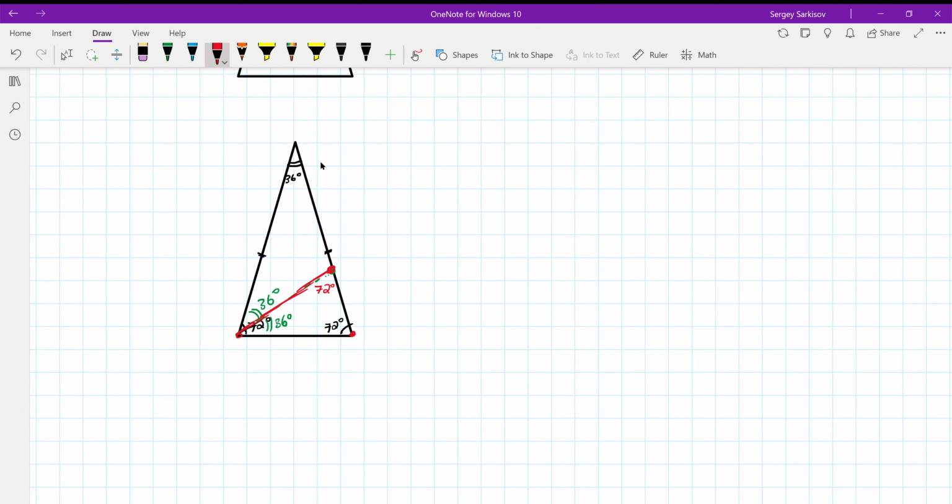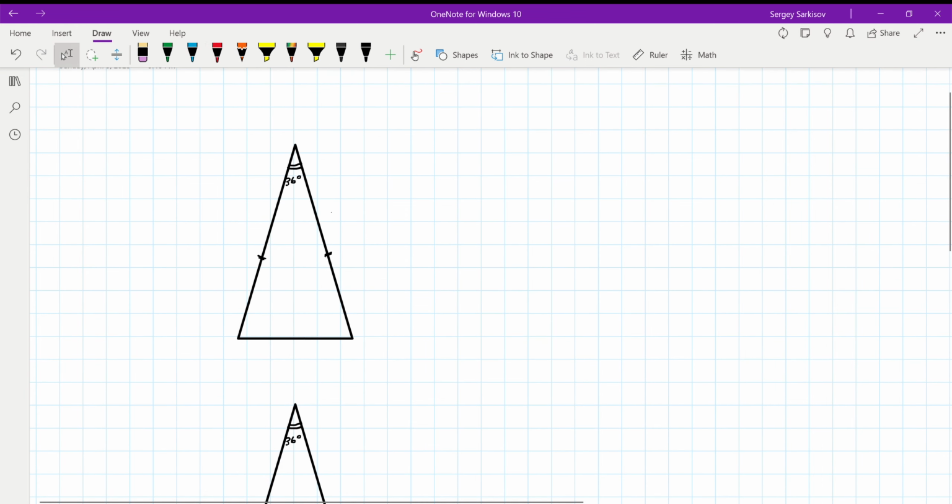Now, let's say that this length is 1. Say the problem asked for the ratio of the sides, like x and y, and you want to find y divided by x. Let's do an easier version: this is 1 and this is x.